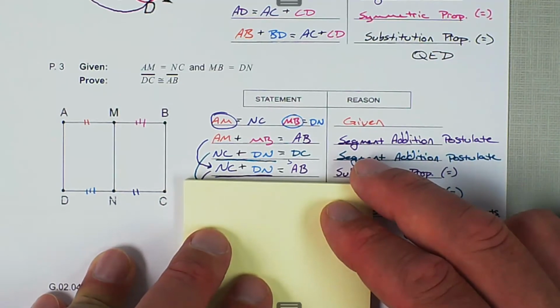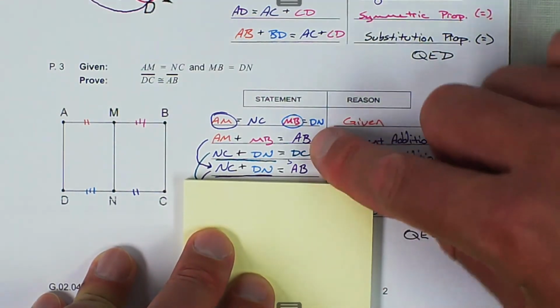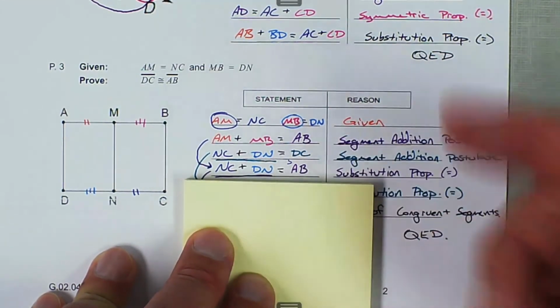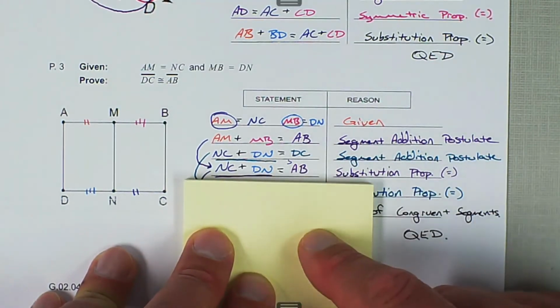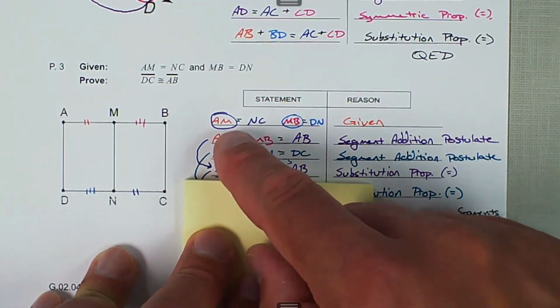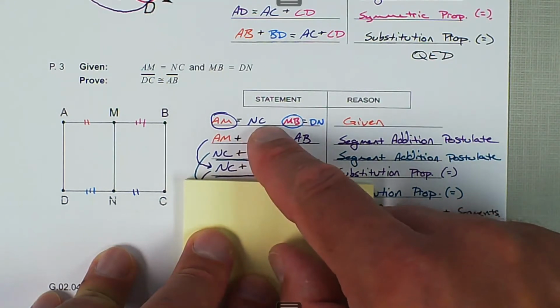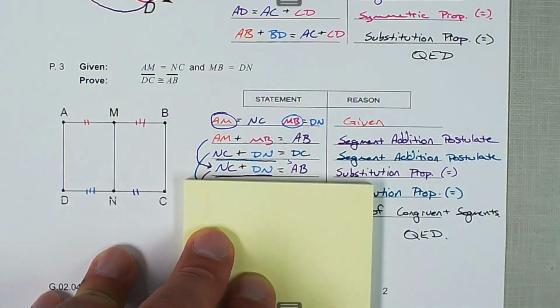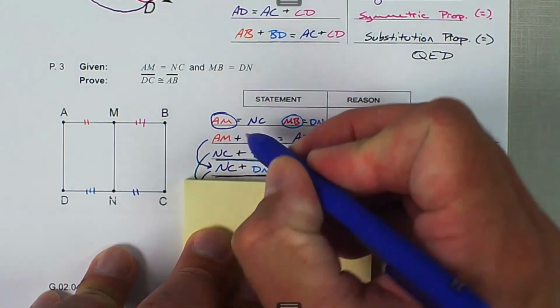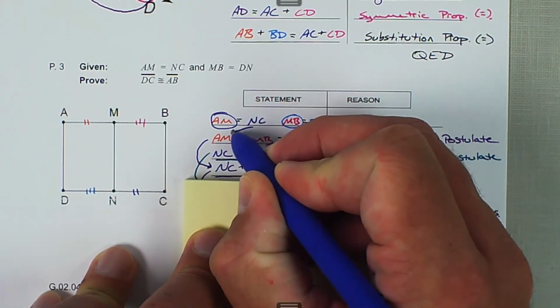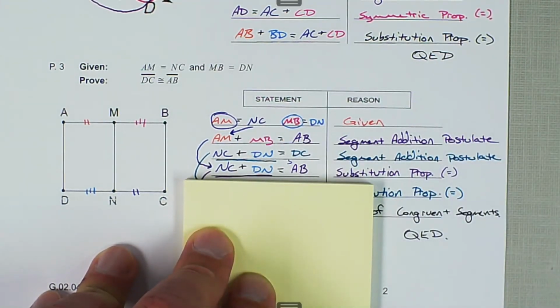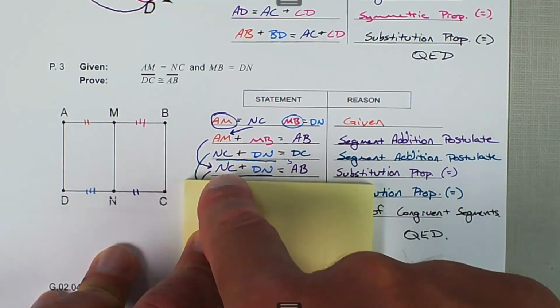And now the next part is, again, we're going to talk about AB, but we want to make it look like DC here. So we know that AM is equal to NC, so we can replace that AM with NC. And that's what we did right there.